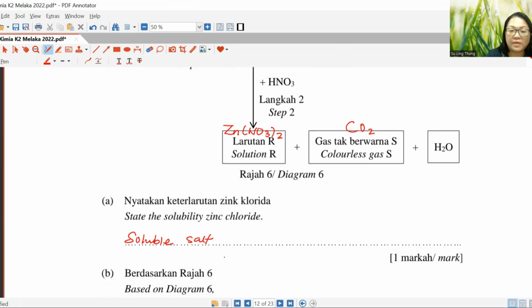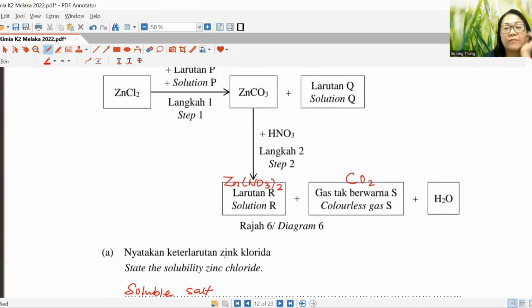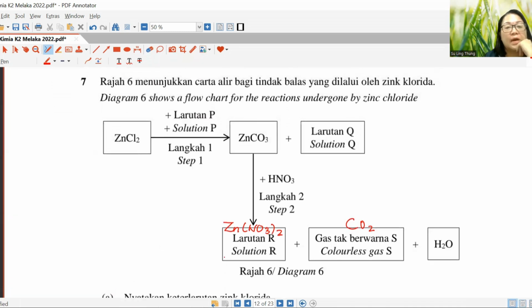Next, based on diagram 6, identify solutions P, Q, and R. So we have to go back and look at this. We want to produce zinc carbonate with solution Q. So solution Q has to be another salt, because zinc carbonate is an insoluble salt.